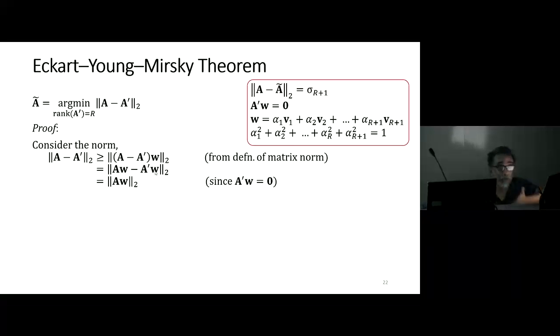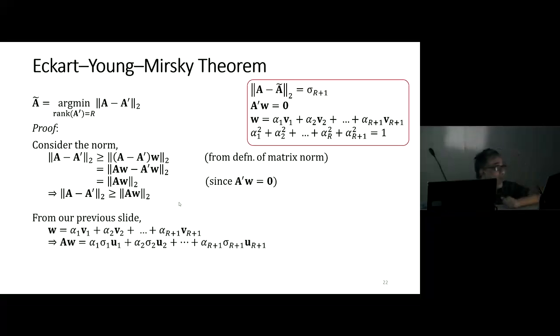Then I open this up: AW minus A prime W. But A prime W from our assumption is 0. So that's the L2 norm of AW, okay. So we got this expression here. W is equal to this, and AW is equal to this.